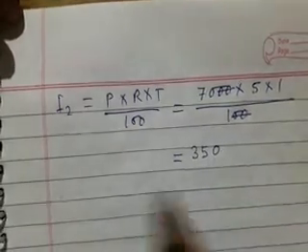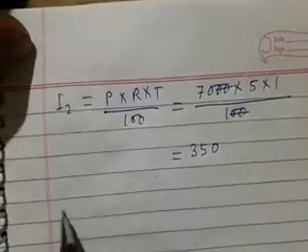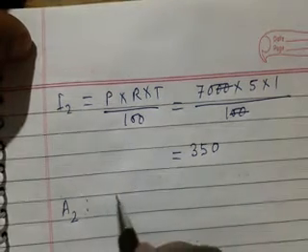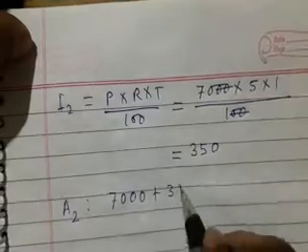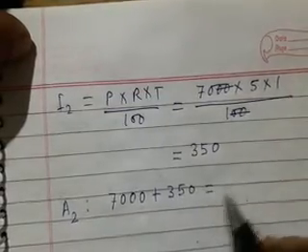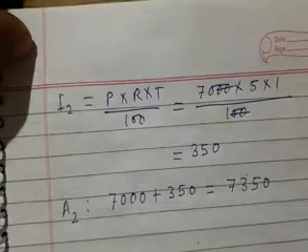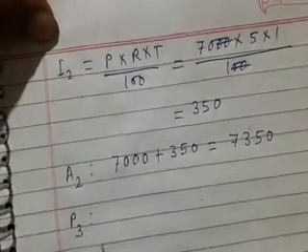So interest for the second year is coming 350. We can find the amount at the end of the second year, which is equal to 7,000 as principal plus 350 interest, so this is 7,350.